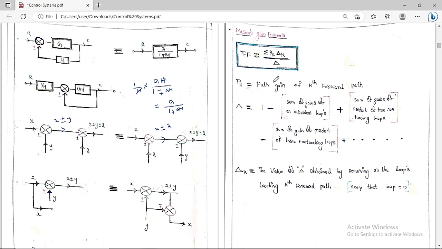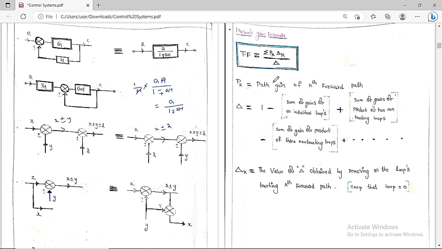So plus minus plus minus plus minus. And delta k is the value of delta obtained by removing all the loops which touch the kth forward path, or by keeping all those loops which touch the kth forward path as 0. That is called delta k.